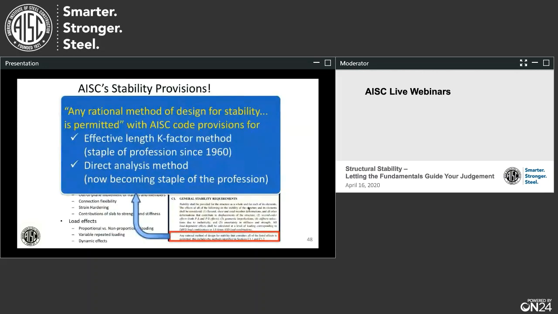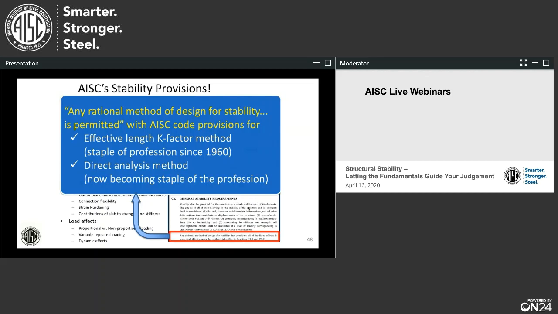Okay, so let's move to AISC's stability provisions. So I came out and showed you AISC's Big Five. At the bottom of that, we come forward and boldly say, any rational method of design for stability is permitted. But the specification does go on a little bit further, and they provide two general approaches. One is called the effective length method, the K-factor approach, and that's been around since, as I told you earlier, Higgins introduced it in 1960.